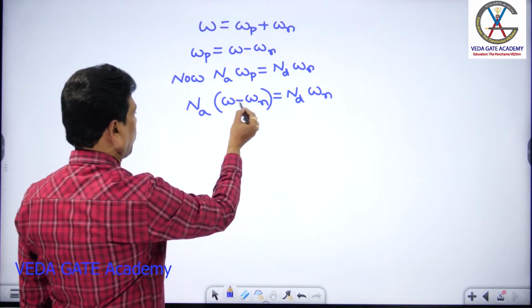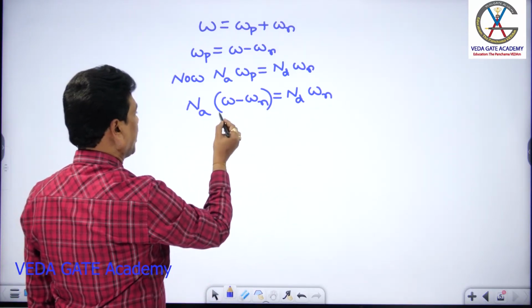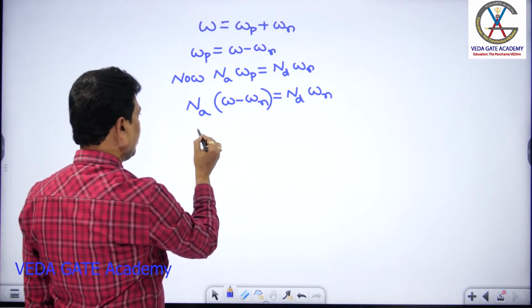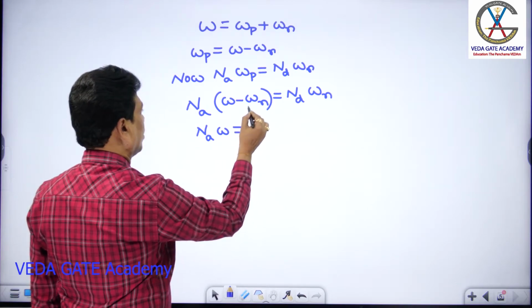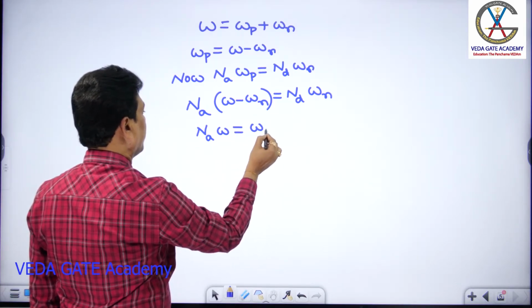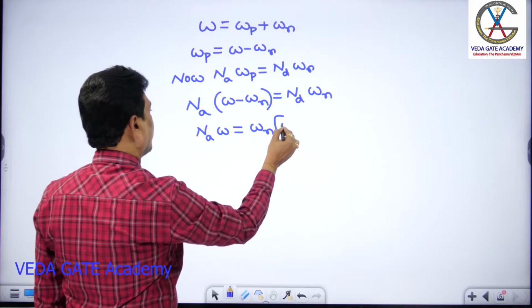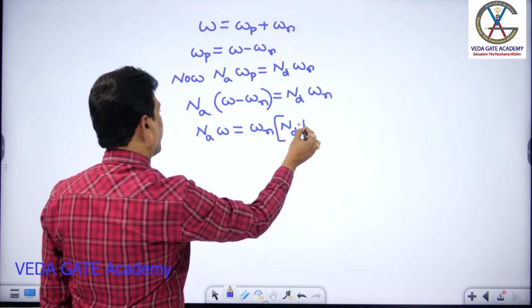Now I want Wn, so I can rewrite it like this: Na into W, taking Wn common, becomes Nd plus Na.